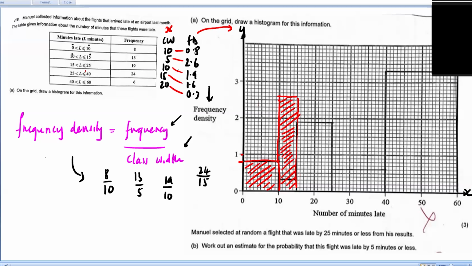Okay, the next one, the class width is 10, so 15 to 25. So that's 15, and that's 25. And what's the frequency density? It's 1.9, so going up to 1.9 will be there.